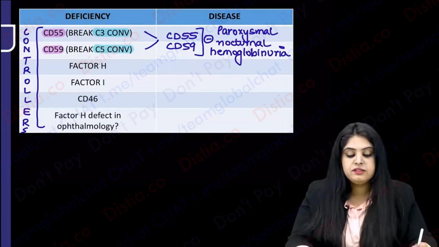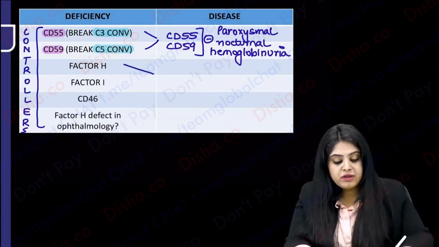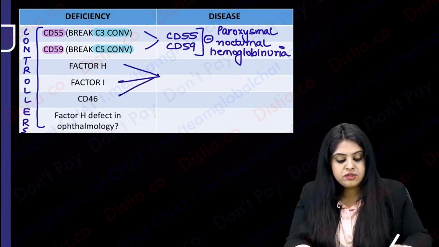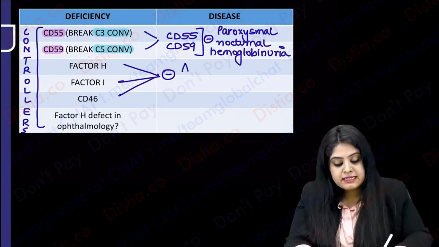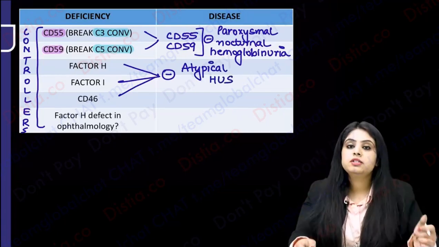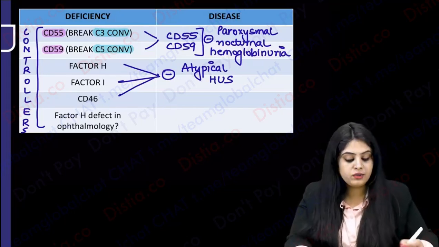Okay, next let's look at factor H, factor I and CD46. They are also controllers, but when factor H, factor I and CD46 go missing, it's a very important disease in medicine and pediatrics. That is going to result in atypical hemolytic uremic syndrome. Finally, I want to correlate this with ophthal also.